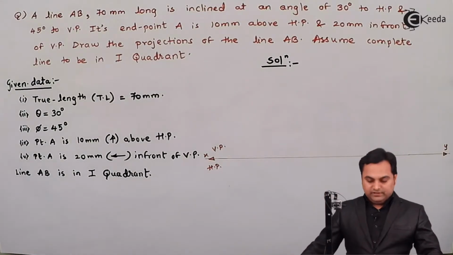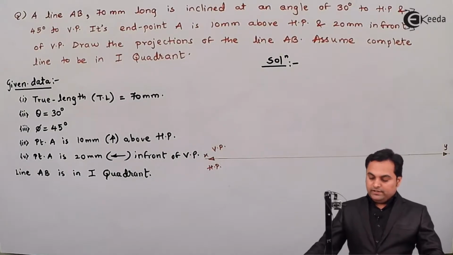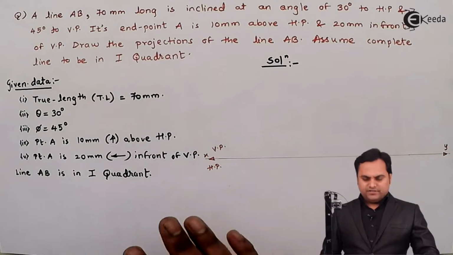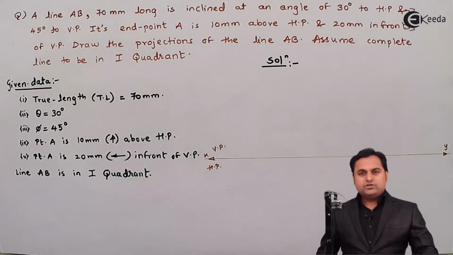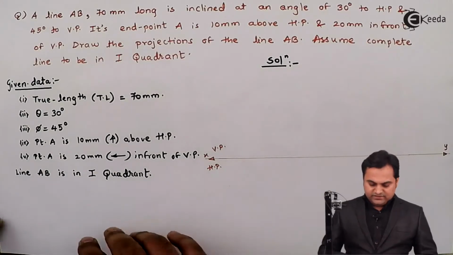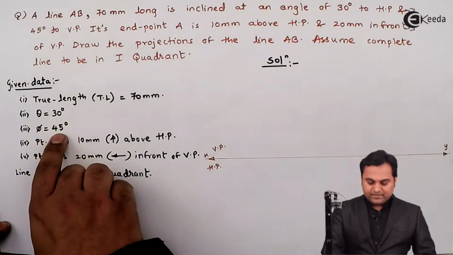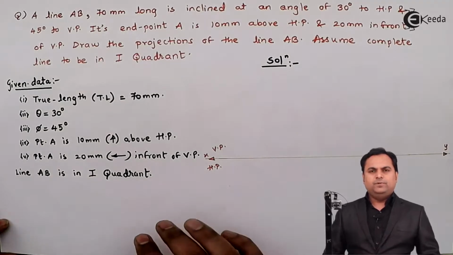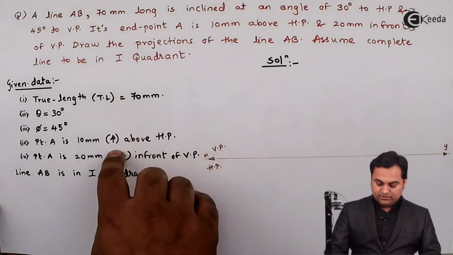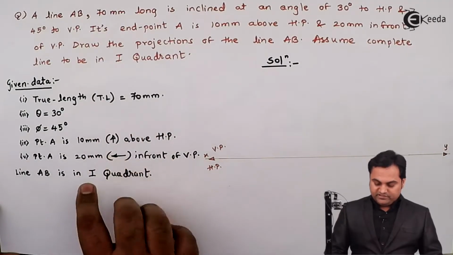Now here it is given line AB 70 mm long is inclined at an angle of 30 degree to HP. In solving such questions in which the lines are inclined to both the planes, we should have 5 parameters, and if we see here, in total the 5 parameters are there with us.